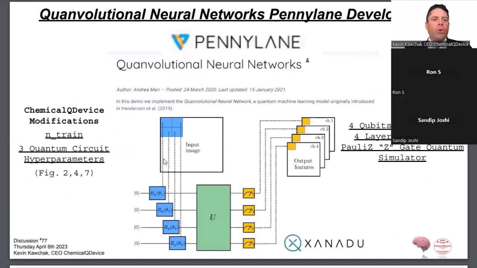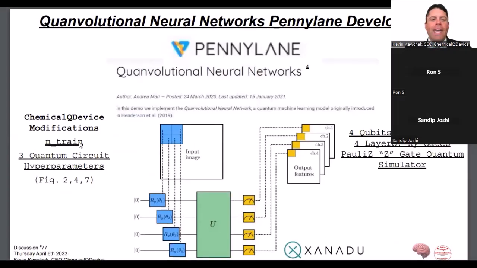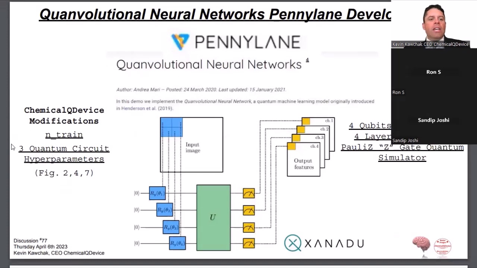Now, the Pennylane I was showing you earlier, this N train I've optimized to 80 before, and then inside that quantum circuit that I showed you in the Jupyter lab, I've altered for those parameters. And then you can see it's just standard 4 qubits, 1,000 shots, 4 layers.